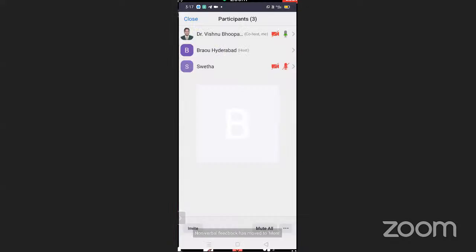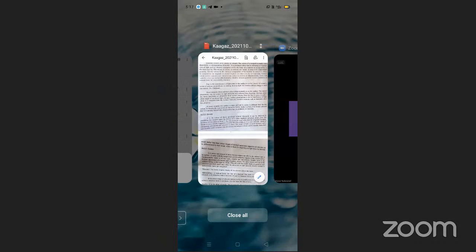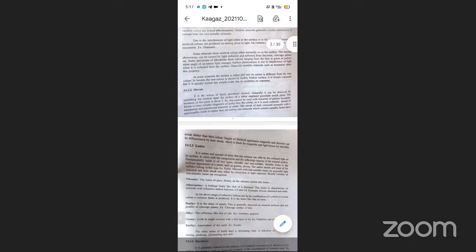Whatever mineral we hold, as per that property, we can identify the mineral. The streak of transparent minerals is white.